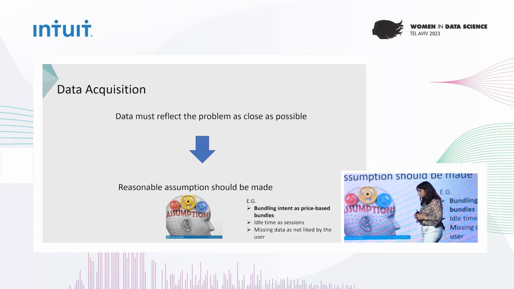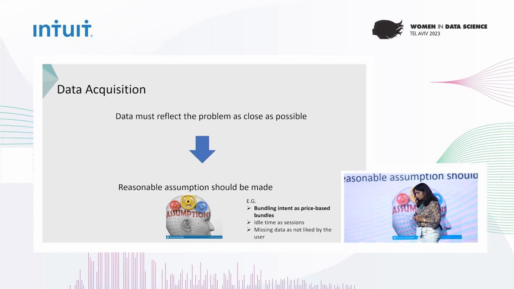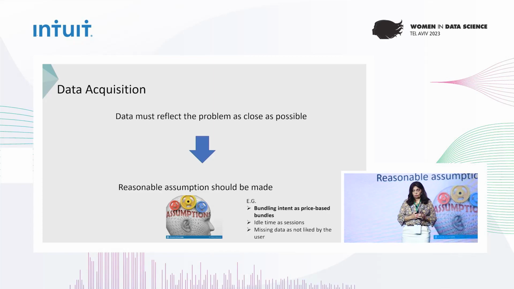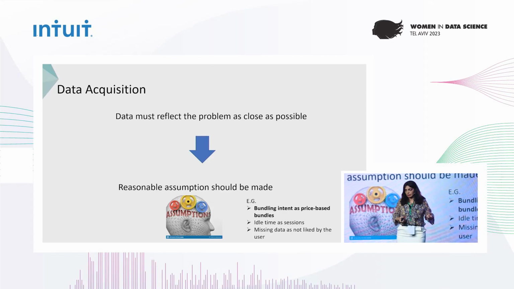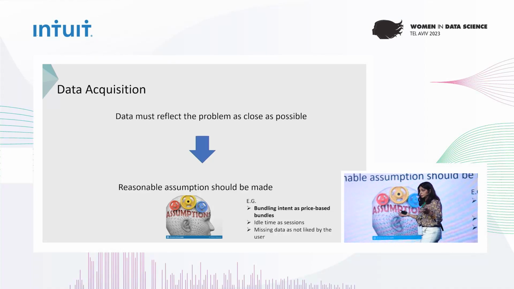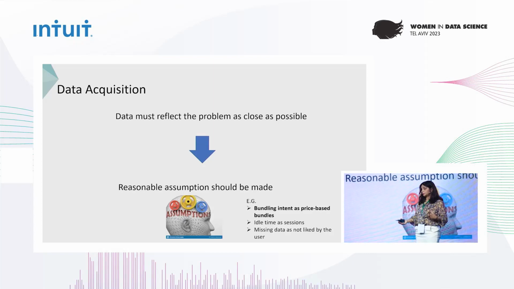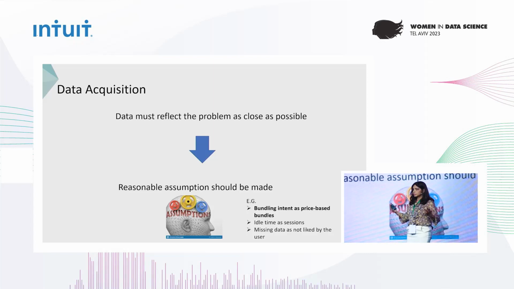So the first thing to start with is, of course, the data. Okay, so basically in academia, you use just a public data set, and the data should reflect the problem as close as possible. Even in industry, sometimes you need to take a lot of actions to collect the right data, or if you want to launch a new service, you don't really have data.